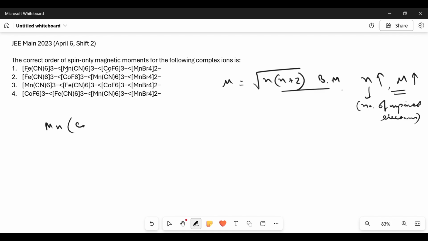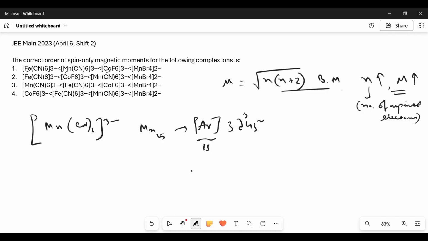Mn(CN)6 3 minus. So manganese you know is 25, 25 means argon 3d5 4s2, so 18 plus 2 is 20, 20 plus 5 is 25. Now that is minus 6 plus 3.